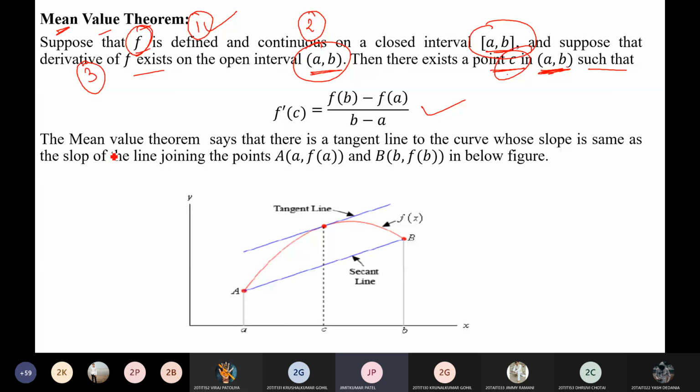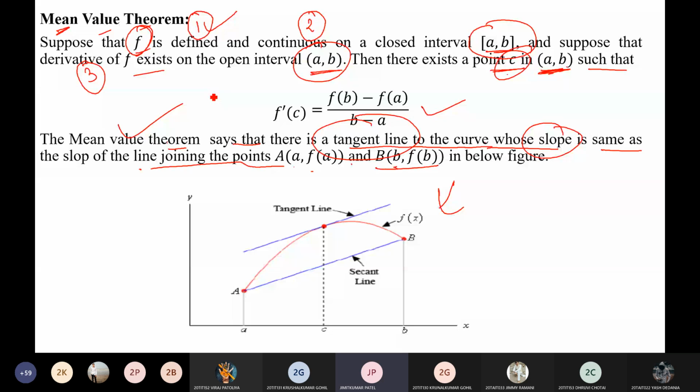So you can see here the mean value theorem says that there is a tangent line to the curve, means the slope of the tangent to the curve is the same as the slope of the line joining the points A (a, f(a)) and B (b, f(b)) as given below. Okay, that means the tangent line to the curve and its slope, and the line joining these two points, if they are the same, that is the geometrical meaning of the mean value theorem. Okay, now any problem? No sir.